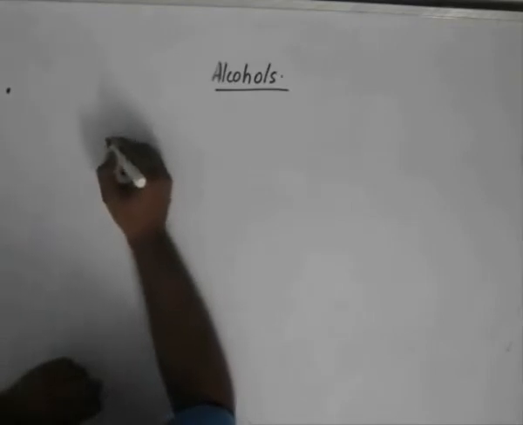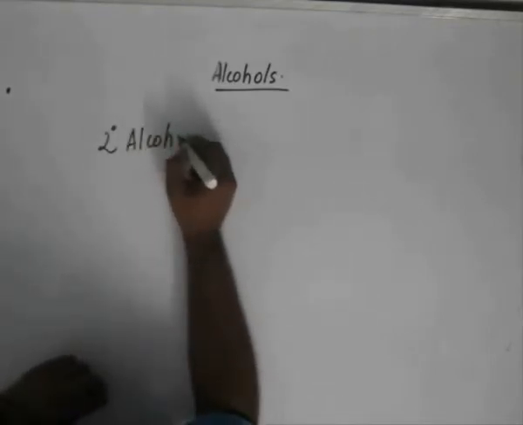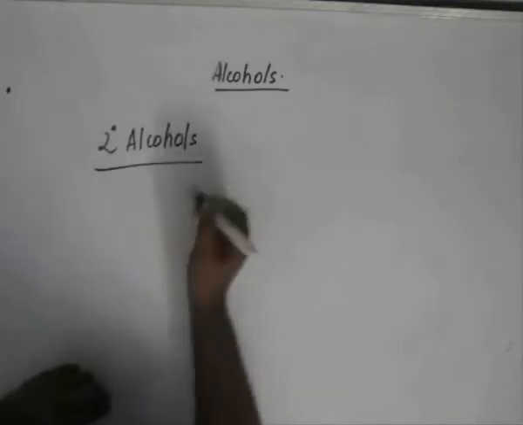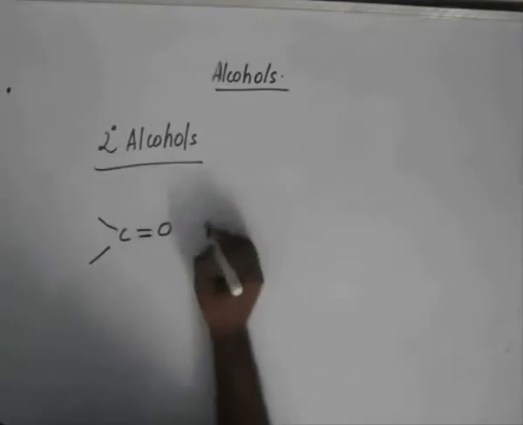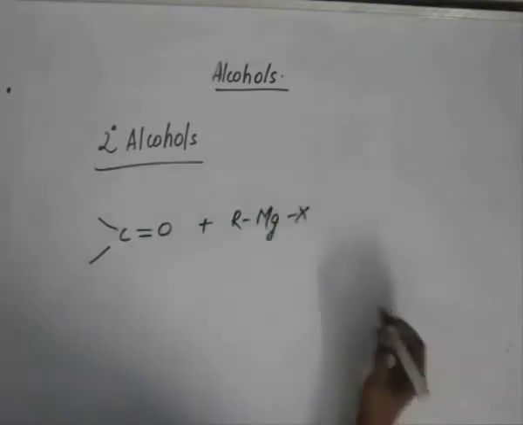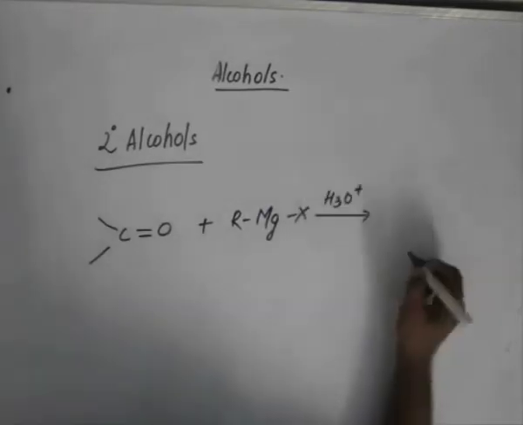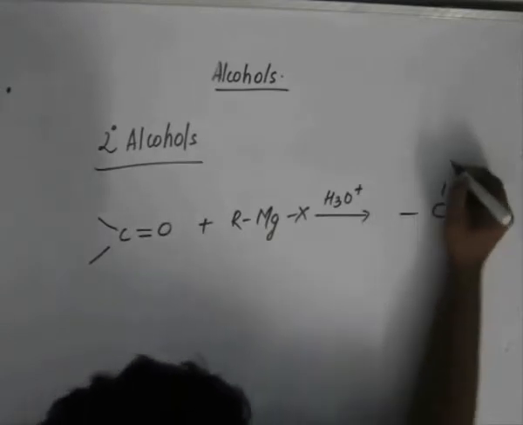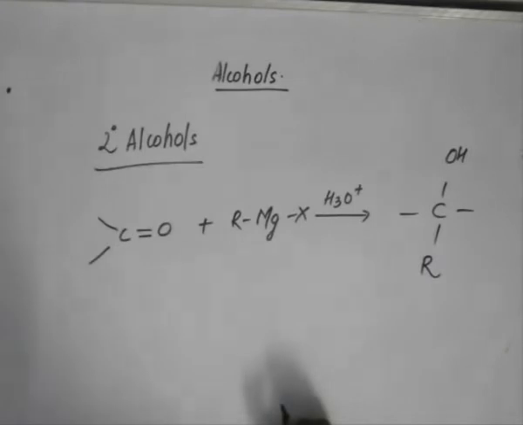Let's move on to 2 degree alcohols. Now again a Grignard reagent, any Grignard reagent, and then hydrolysis, so we are left with... Alright.